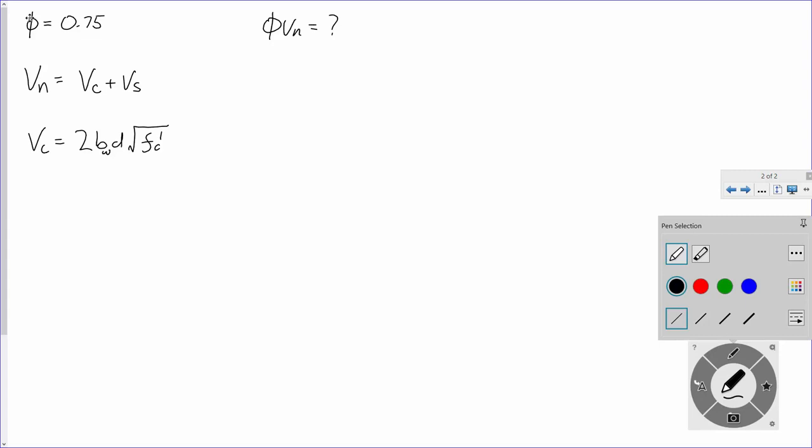So if I plug and chug, this is 2 times the beam width, which is 18 inches, times the effective depth, which is 33 inches, times the square root of 4,000 psi. If you plug and chug, that gives you 75,135.7, something like that.